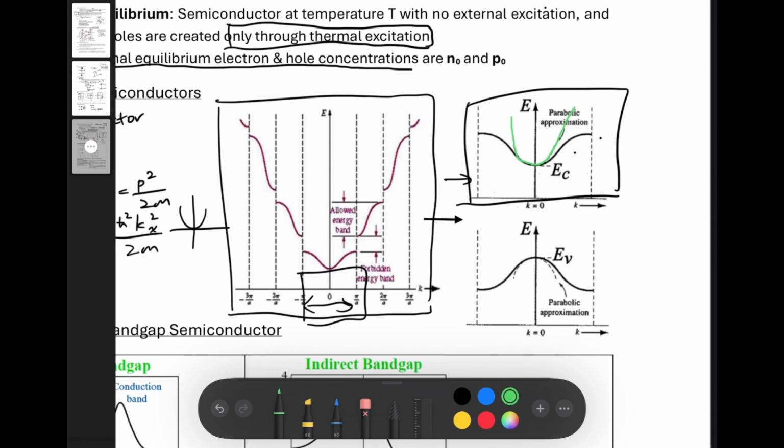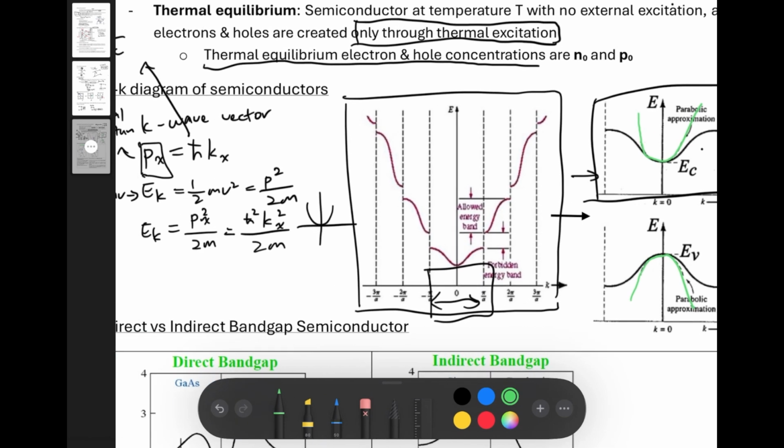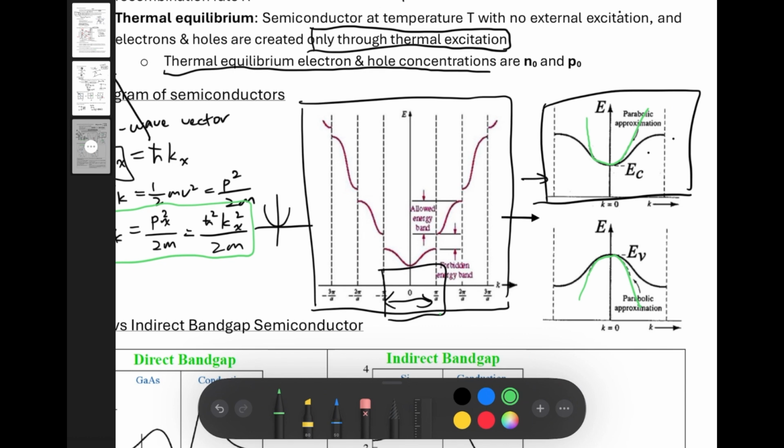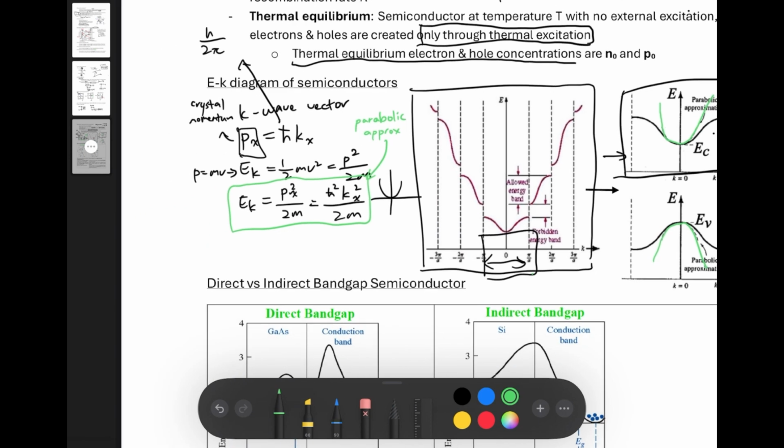Similarly for the valence band, we take a parabolic approximation here. So that's how this is obtained, through a parabolic approximation. All right, so that's how it works.